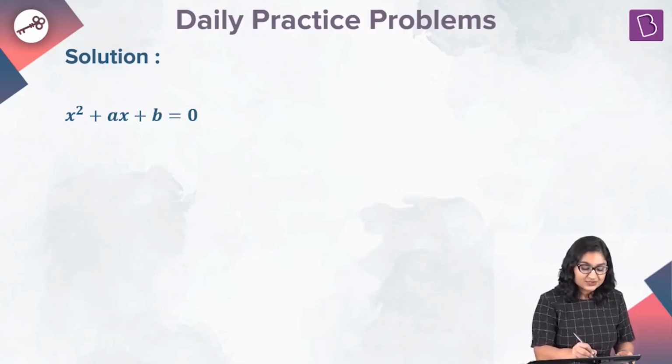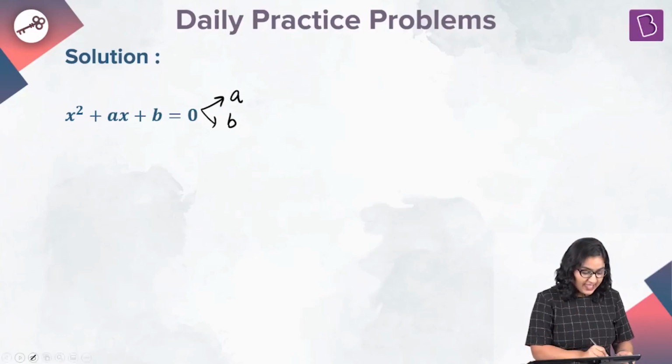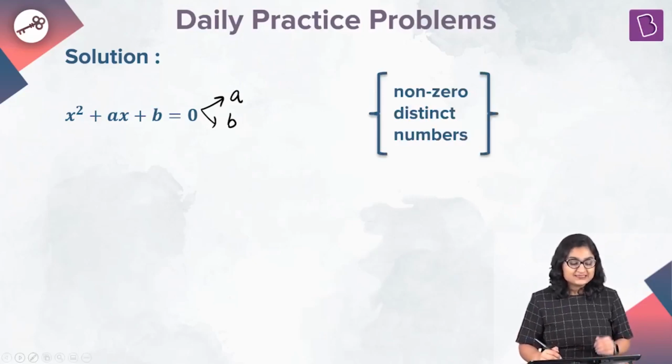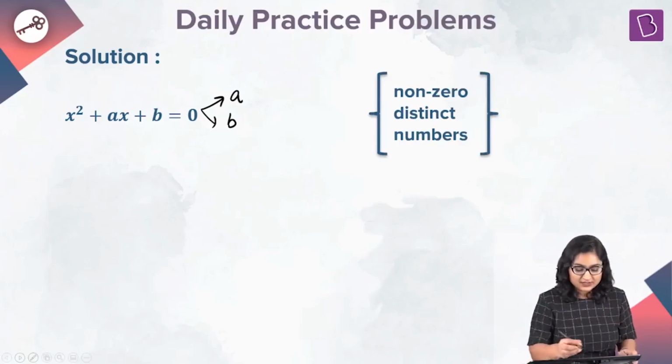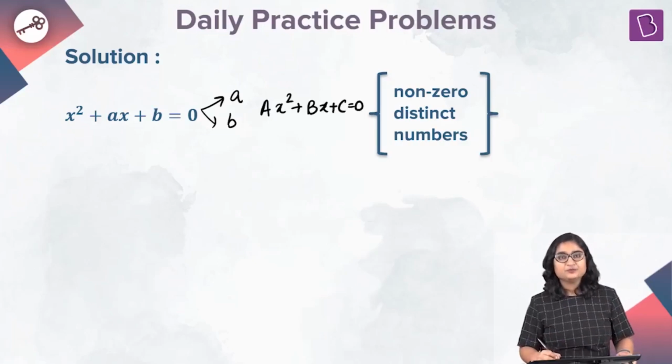It's been given that it has two roots, a and b. And what do we know about a and b? We know that both a and b are non-zero distinct numbers. All right. So what we are going to do next is compare this given quadratic equation with our standard quadratic equation, capital AX square plus capital BX plus capital C equal to 0.